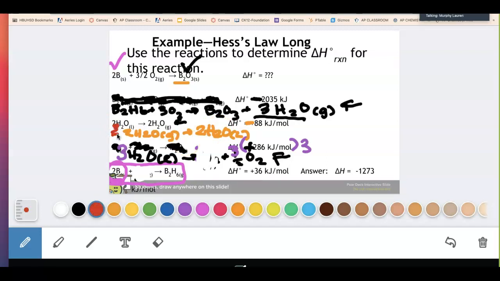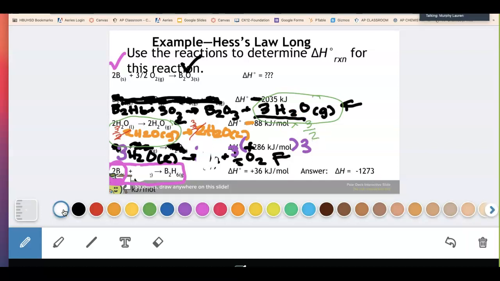So if I multiply this by 3, that will give me 3 waters. Now I have 3 water vapors right here and 3 water vapors on the other side. They cancel. Now, again, I have to multiply this by 3/2 as well. Okay?